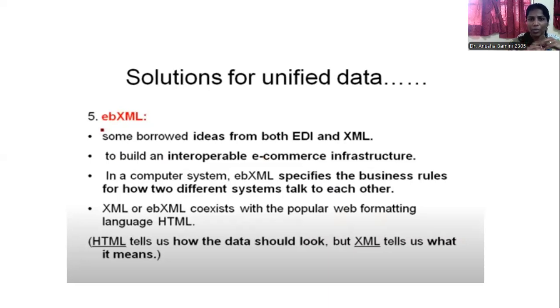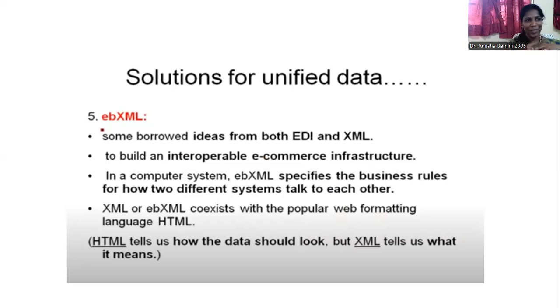So in a computer system, EBXML specifies the business rules for how two different systems talk to each other, how two systems are communicating or responding with each other without human intervention. That is done by this EBXML. The system is automatically taking some decisions without our intervention. That kind of decision is done by the EBXML unified data standard.